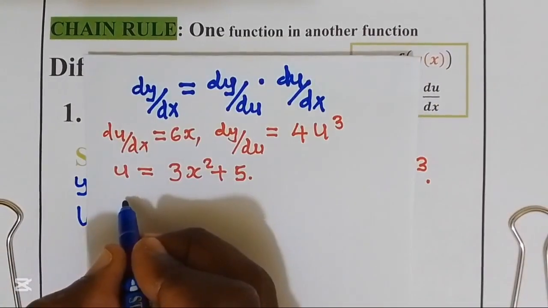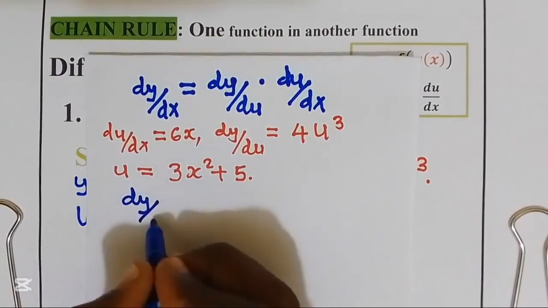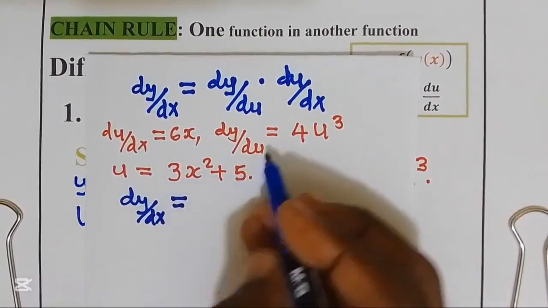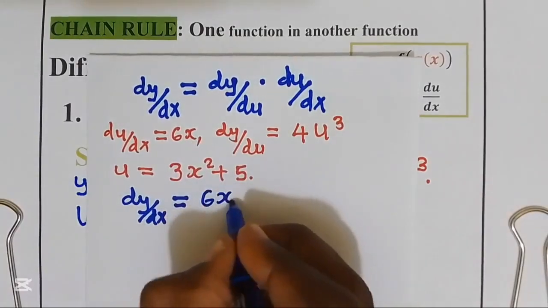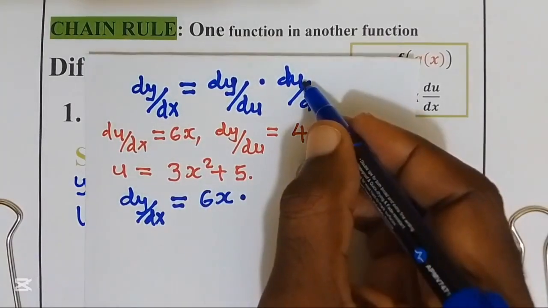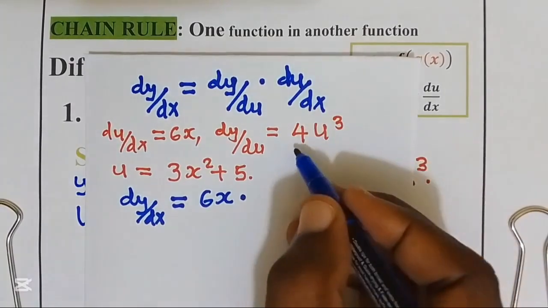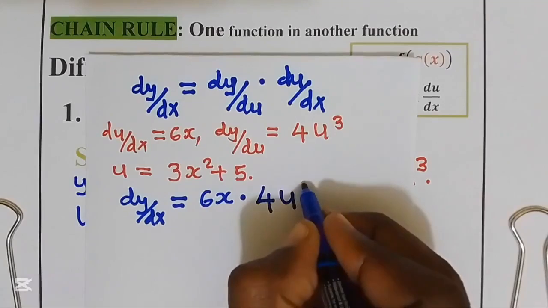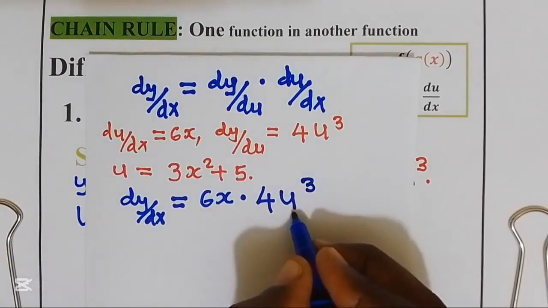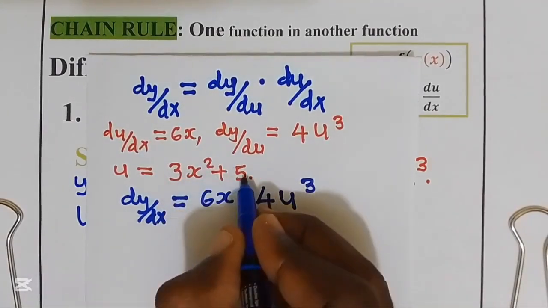I'm going to substitute those into the chain rule. Let us substitute. dy over dx is equal to du over dx, which is equal to 6x, multiplied by dy over du, which is equal to 4u cubed, but u is equal to 3x squared plus 5.